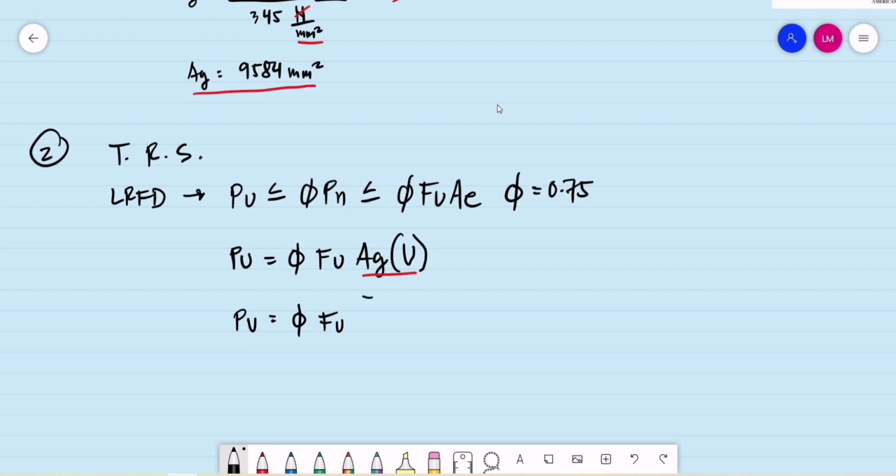Our total area should be the gross area minus all the areas of the holes, multiplied by this shear lag factor.